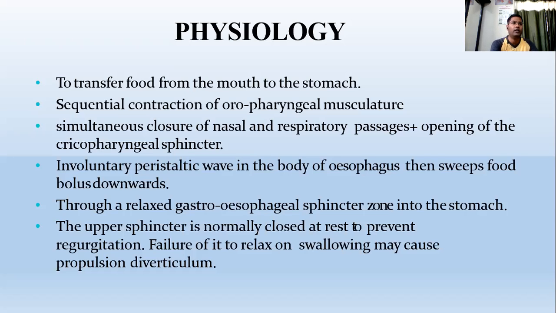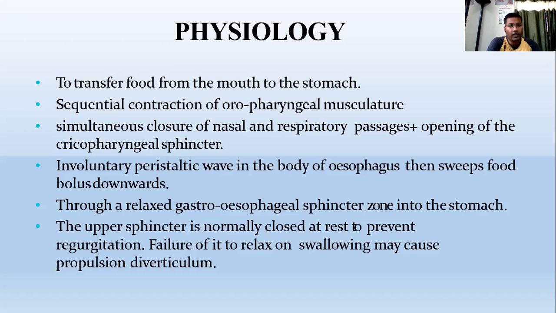And sometimes, when it is not closed properly, there is a problem called gastroesophageal reflux disease. If the lower esophageal sphincter is not closed properly, it causes regurgitation of the gastric content into the esophagus, and that causes esophagitis and heartburn.